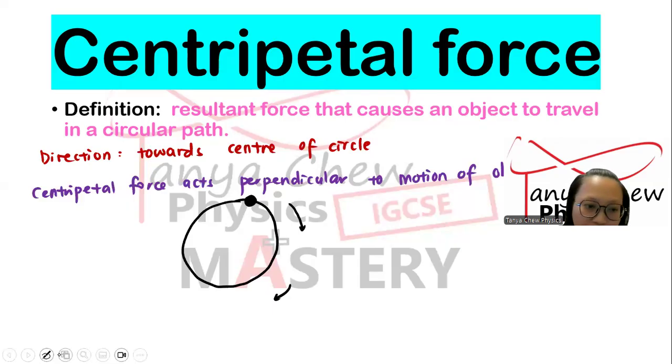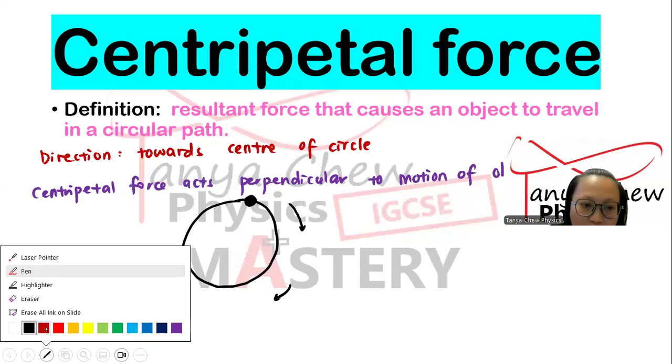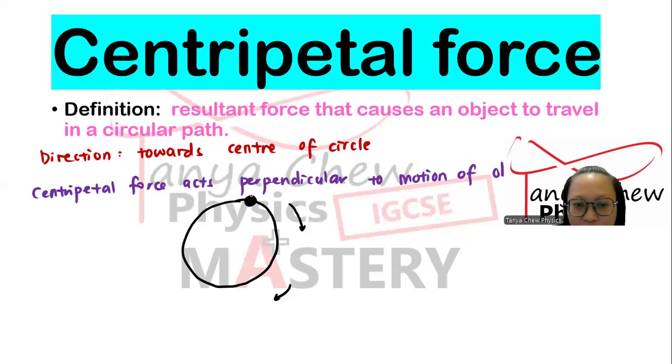So this is the direction of motion. Direction of motion is called the direction of the velocity. So if I want to find the direction of motion at this point, I put a cross here. I draw a tangent. This is the direction of motion, velocity. Centripetal force will act perpendicular, can you see, 90 degrees, towards the center of the circle. This is centripetal force.